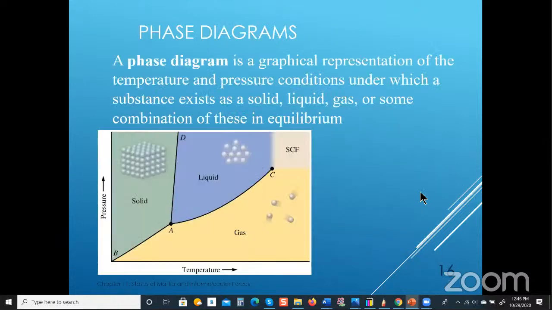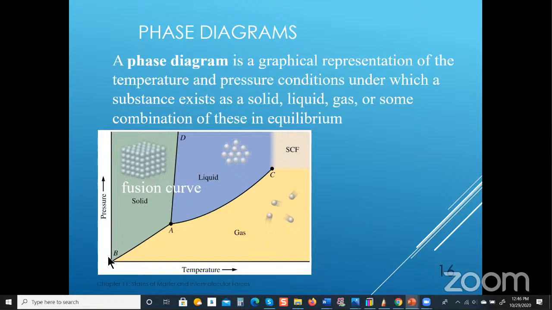So the next thing I want to talk about now is something that we were introduced to briefly earlier, but we're going to go into more detail, all right? What you're looking at here is what we call a phase diagram. The phase diagram is a graph where you plot pressure on the y-axis and temperature on the x-axis.